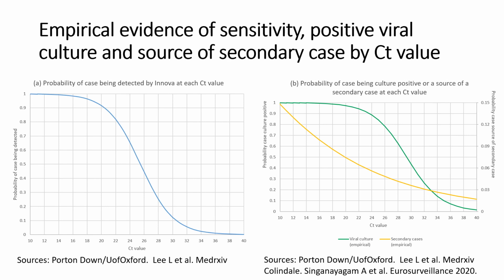We've taken the data we have about the test and about the secondary case rate and the viral culture rate and thought through how these impact on the risk of missing cases. The left-hand graph here is from the Porton Down and University of Oxford analyses of the INNOVA test, showing the probability of a case being detected, so the sensitivity, against the CT value.